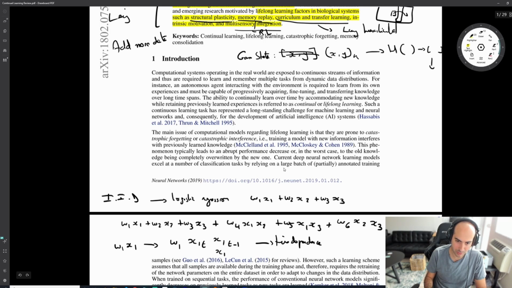Why not go all the way to X1 at t minus k, where k can potentially be equal to t? So basically, look at the entire history. The reason there is simple: it's a computation accuracy versus time trade-off that you need to think about. That's a very good question, by the way.